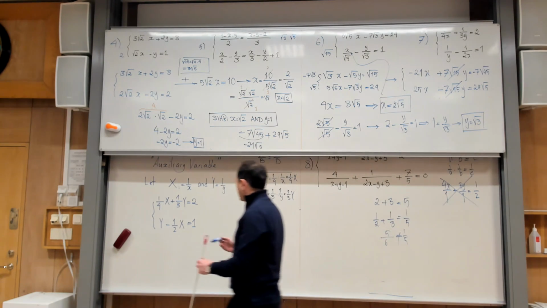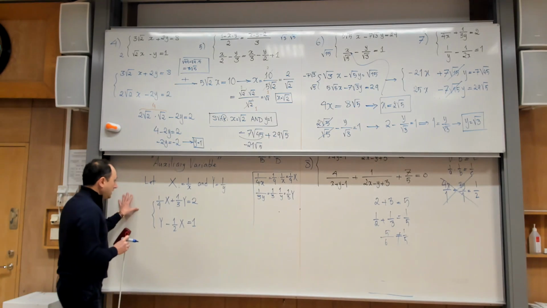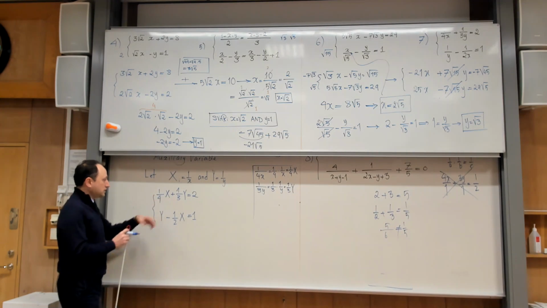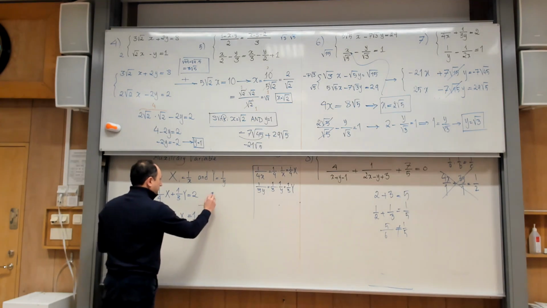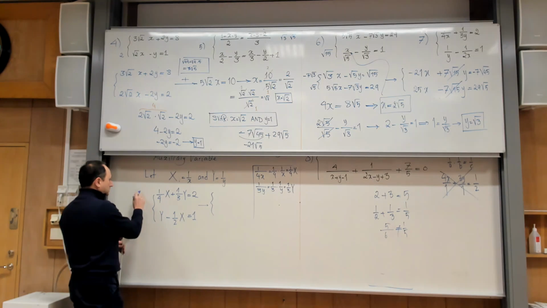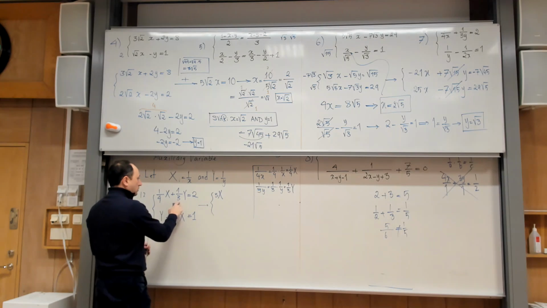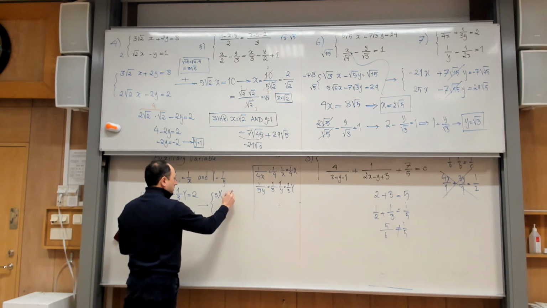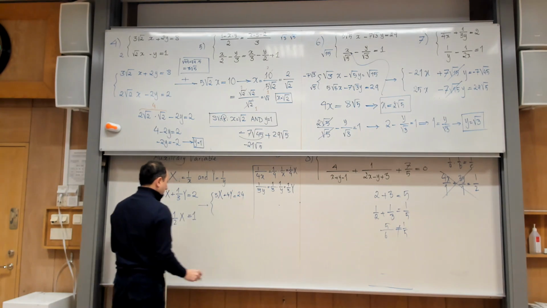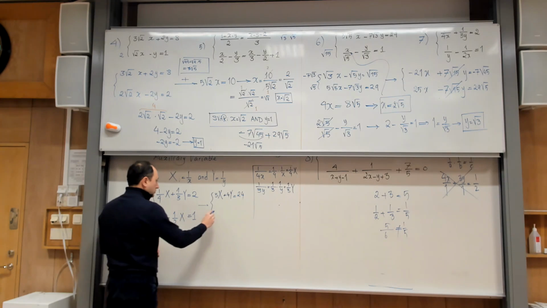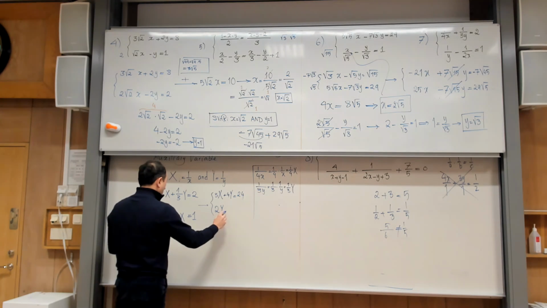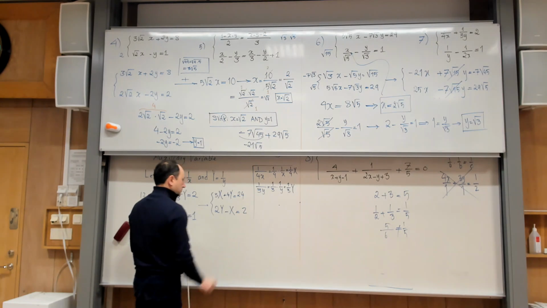Yes? So what I want to do here is get rid of all fractions. So I multiply the first one by 12. This becomes 3 capital X, this becomes 4 capital Y, this becomes 24. I multiply everything by 2 in the second: 2 capital Y minus capital X equals 2.